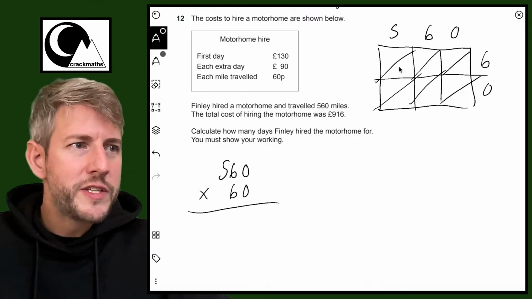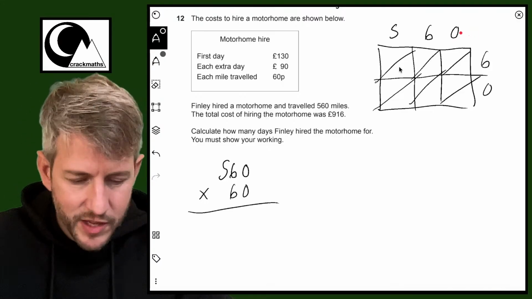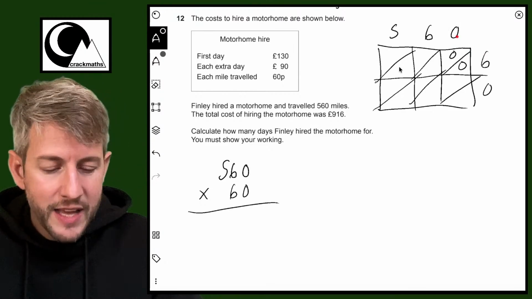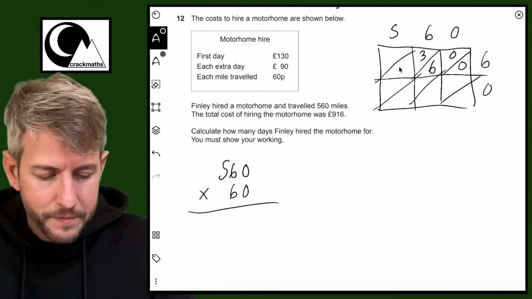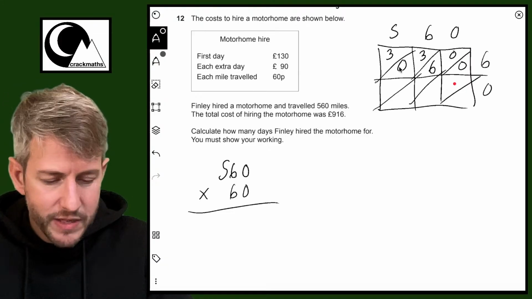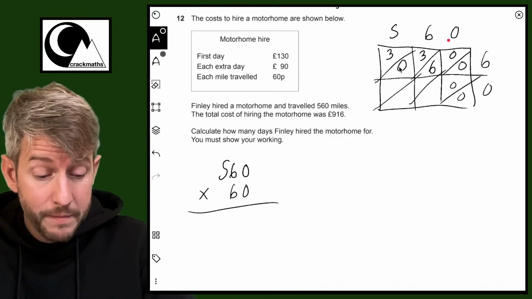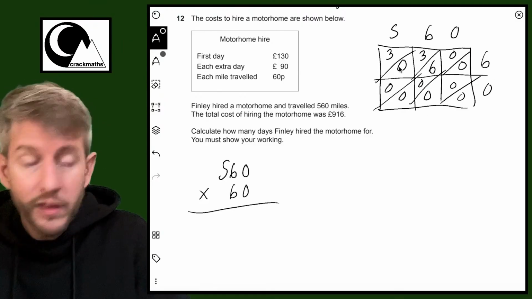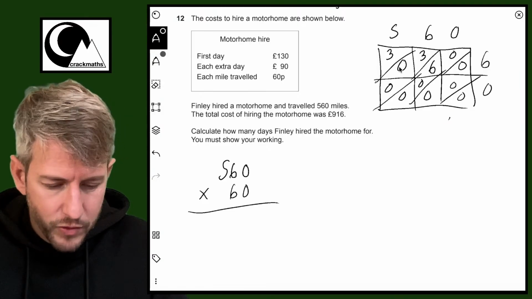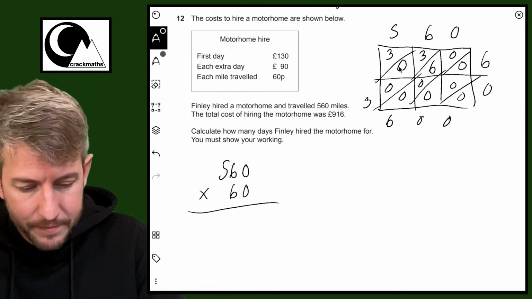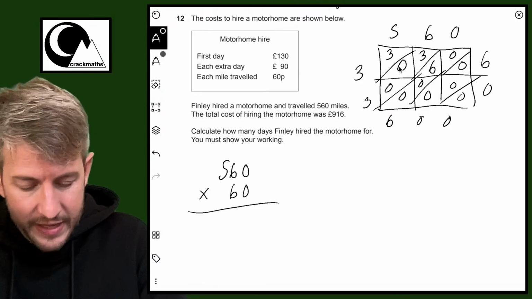Then we fill out these bits here. 0 times 6 is 0. 6 times 6 is 36. 6 times 5 is 30. 0 times 0 is 0. All of these are going to be 0. That's nice. Now I can add these up. So I've got 0 here, 0 here, 6 here, 3 here, and 3 here.